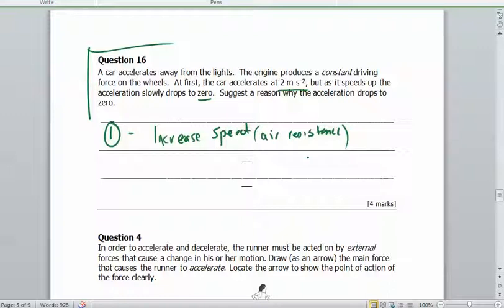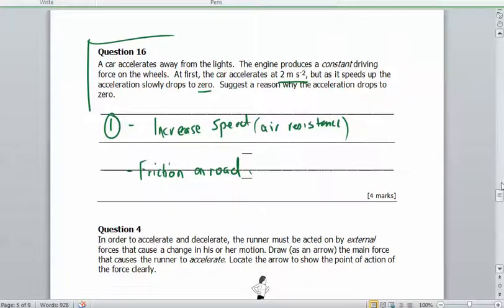That would be one thing. Any other reasons? Okay, so I can think of two things: friction on the road eventually balancing out that driving force, and also increased air resistance balancing out that driving force. If you were to verbalise those, that would be fine.